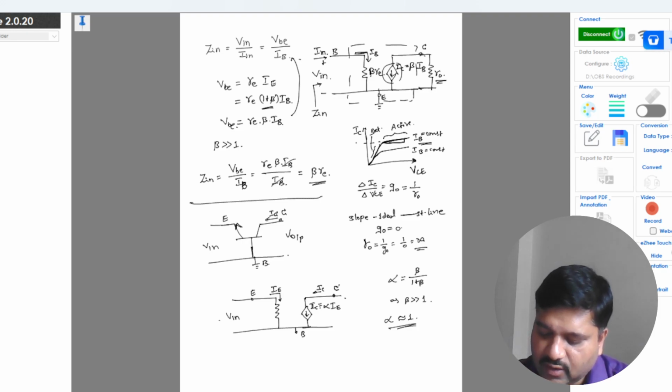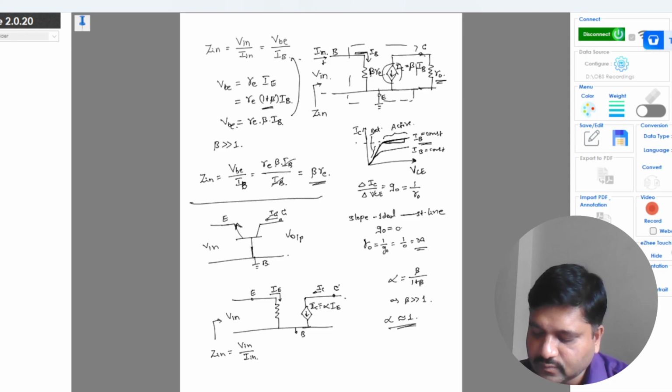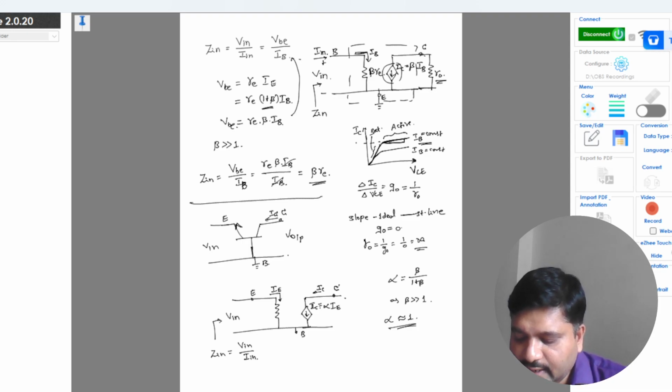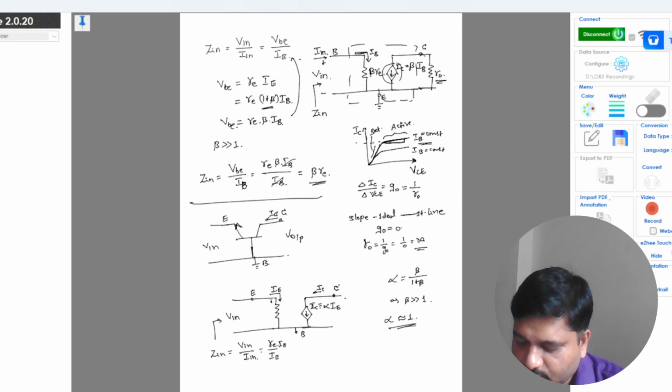Okay, so now to find out the input impedance of this, Zin is V in by I in. So I in here is IE itself. Okay, so this V in will be the voltage across these two terminals. V in is RE into IE.